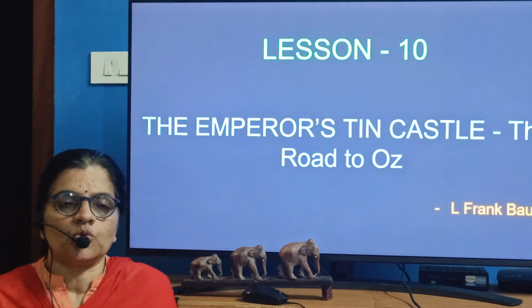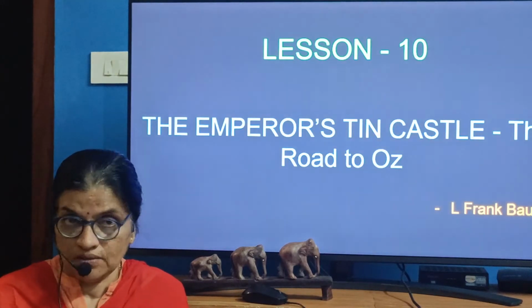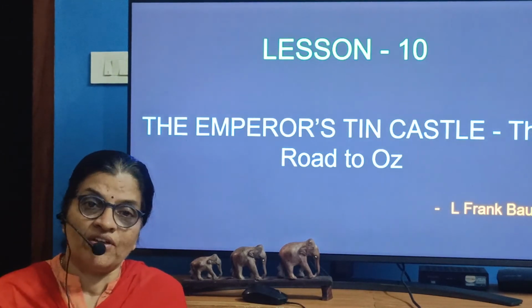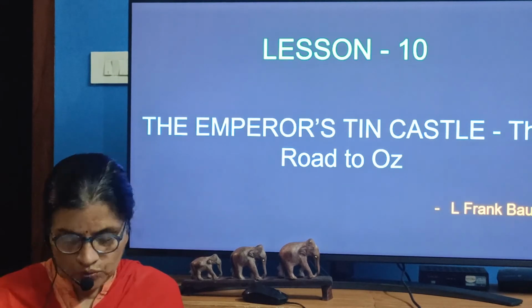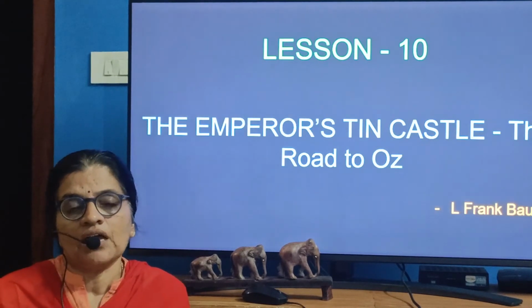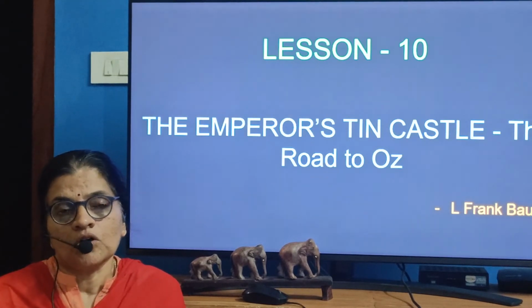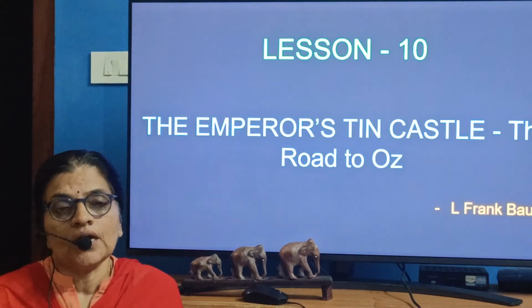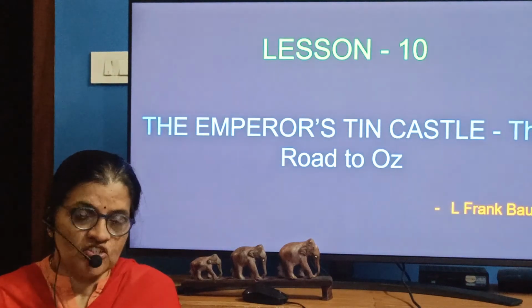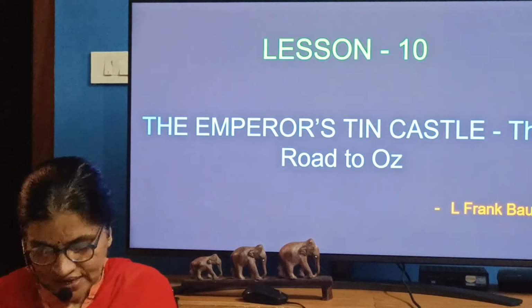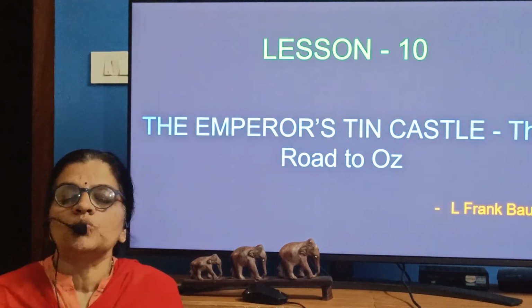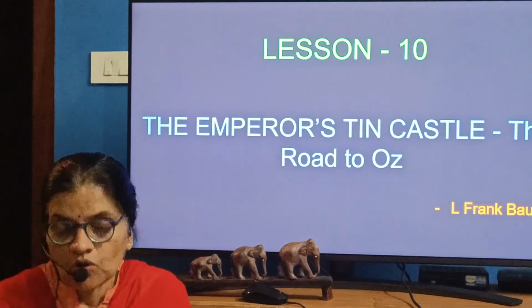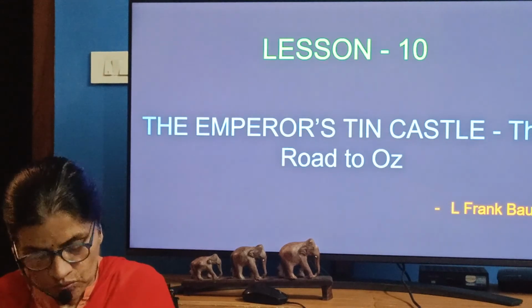Then you can come to our dinner hall where we will provide food for you. So Dorothy and friends each got a separate room. They went to their own rooms, took rest, dressed, and came back to the dining room.